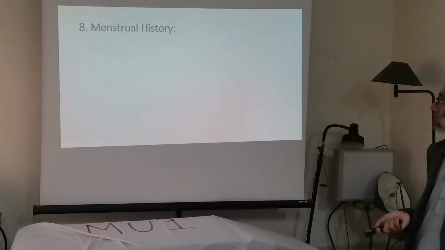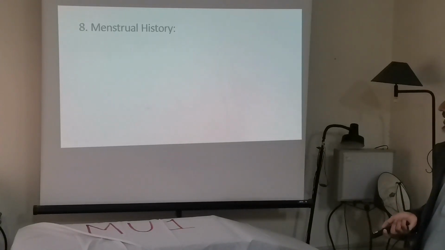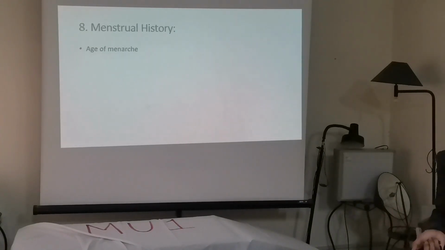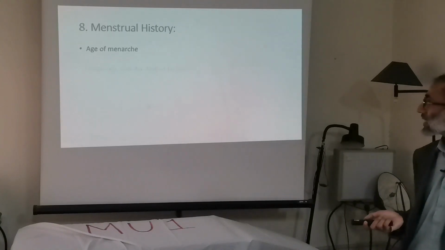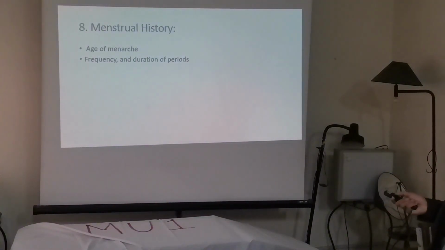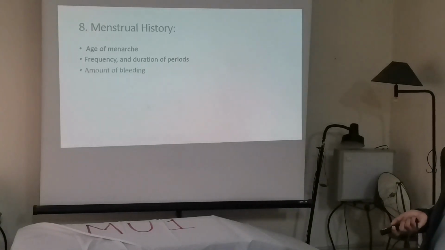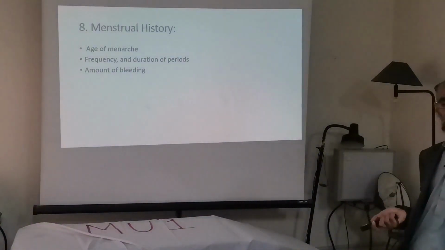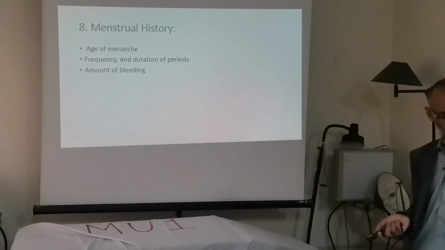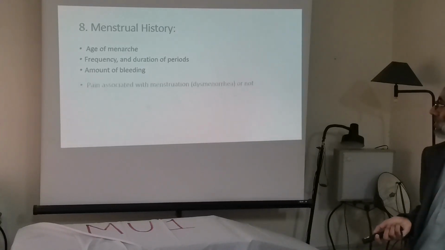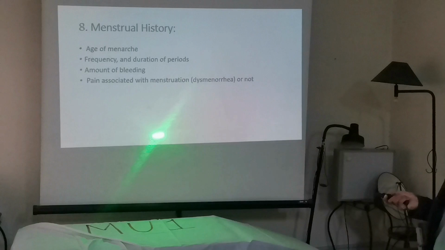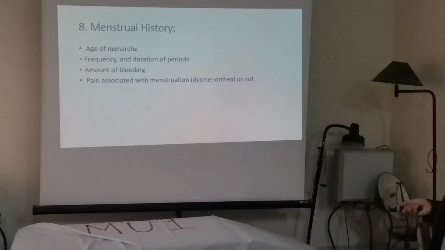Then, in case of female, menstrual history. You have to note menstrual history. Age of menarche, first note age of menarche, then frequency and duration of periods, and then amount of bleeding, pain associated with menstruation, dysmenorrhea or not.